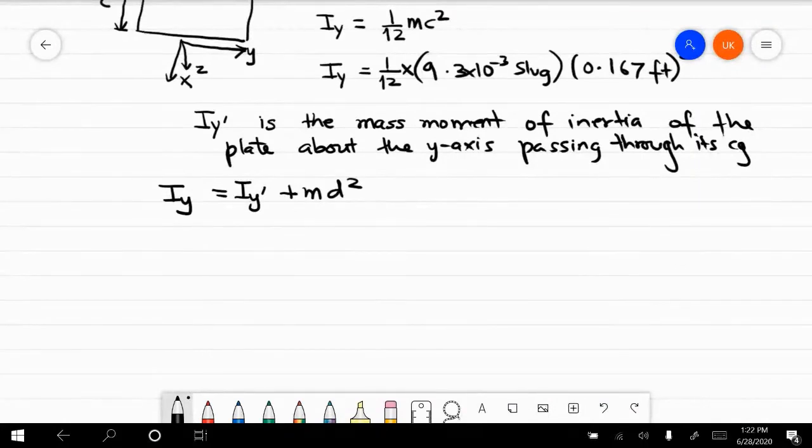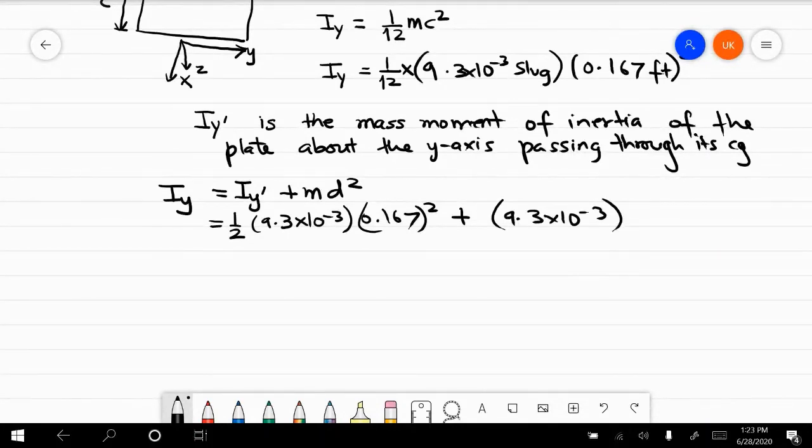So that will be 1 over 12 times 9.3 times 10 to the power minus 3 slugs times 0.167 square, which is already written before, plus the mass of the plate, 9.3 times 10 to the power negative 3, times the distance between the two centers of gravity, 1 square. So this will give you some number. So that's the mass moment of inertia of the plate.